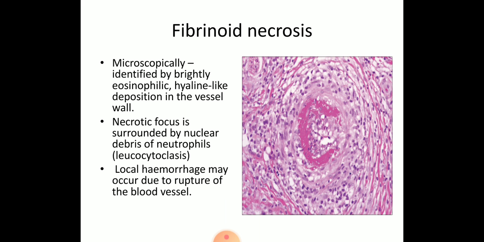Microscopically, fibrinoid necrosis is identified by brightly eosinophilic hyaline-like deposition in the vessel wall. The necrotic focus is surrounded by nuclear debris or neutrophils, meaning presence of neutrophils in the vessel wall. Sometimes local hemorrhage may be seen due to rupture of blood vessels.